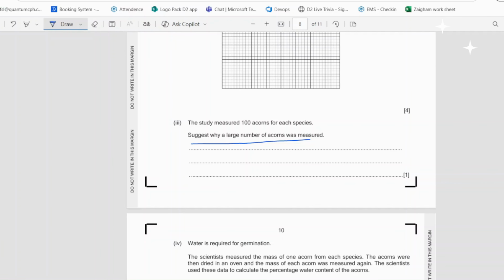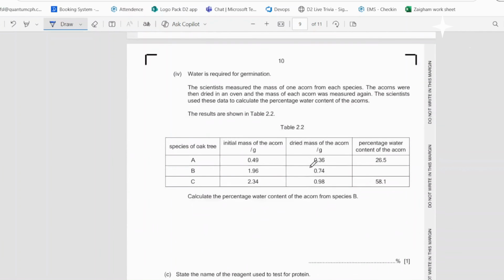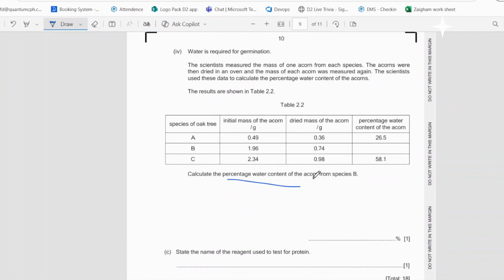Okay. Next question is related to percentage. Calculate the percentage water content of species B. This is not given, so it would be simple. The initial mass which has water, and the dried mass. You have water plus acorn and only acorn.